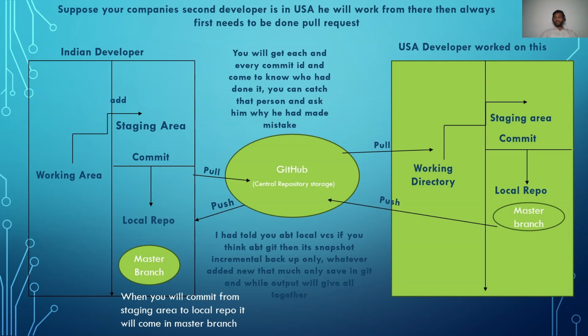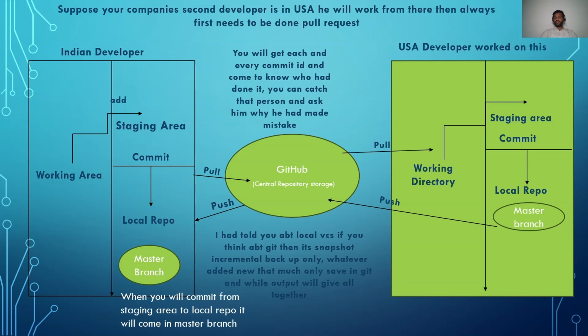Then the staging area, that's called the index also. The staging area in Git allows selective preparation of changes before committing, enhancing control over commit granularity.